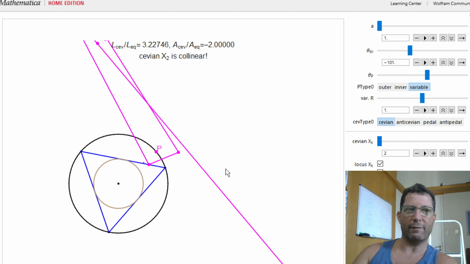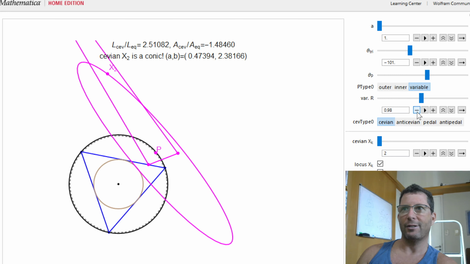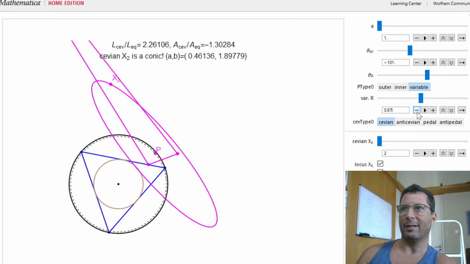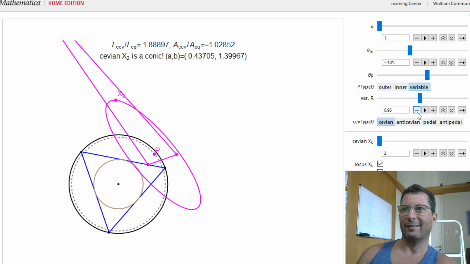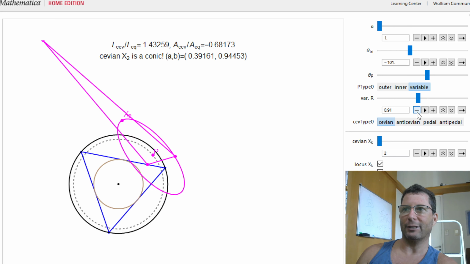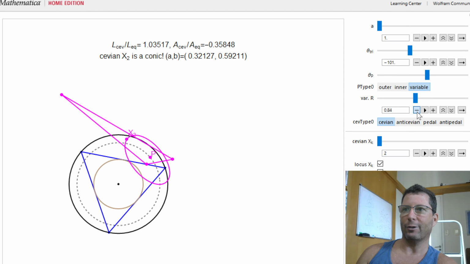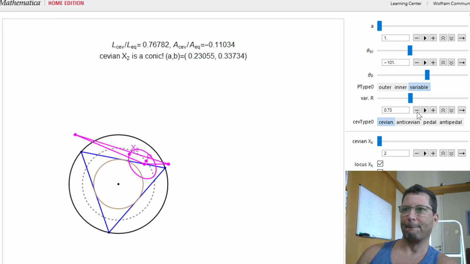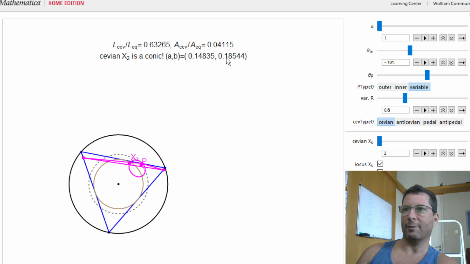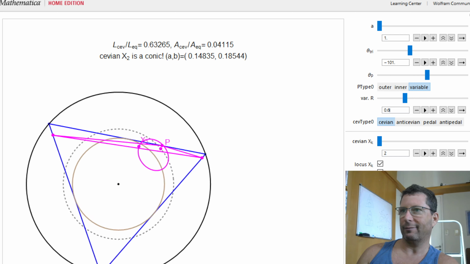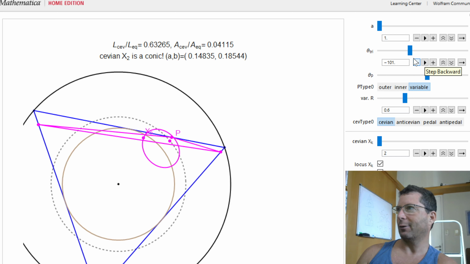Now, what happens if I come inward? Let's go inside. Check this out. x2 has become a beautiful ellipse as P is approaching the incircle. It doesn't look like a circle. x2 is not becoming a circle.